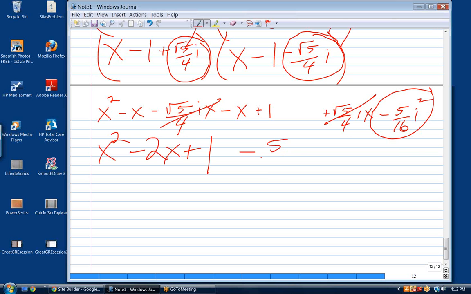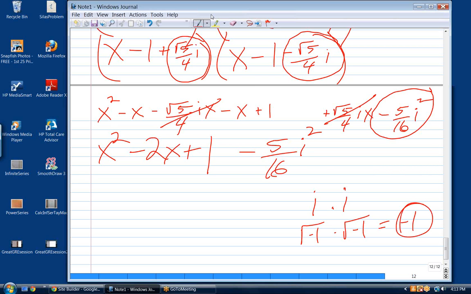What is this over here equal to? What's i squared equal to? Negative 1. In other words, i times i is negative root 1. Root negative 1 times root negative 1 equals negative 1.